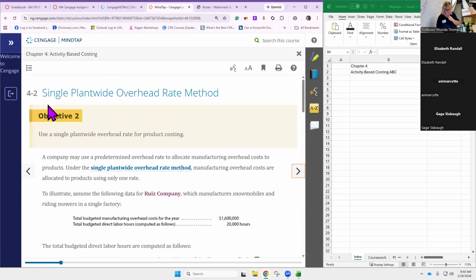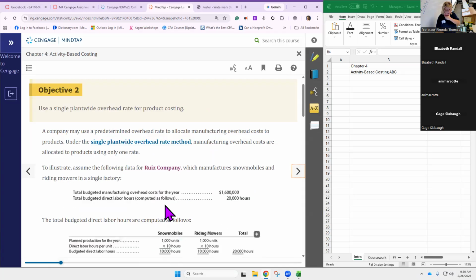So the first one is called the single plant-wide overhead rate method. Okay, so I'm going to list this here. Single plant-wide overhead rate method. Okay, let's see what they have to say about it.